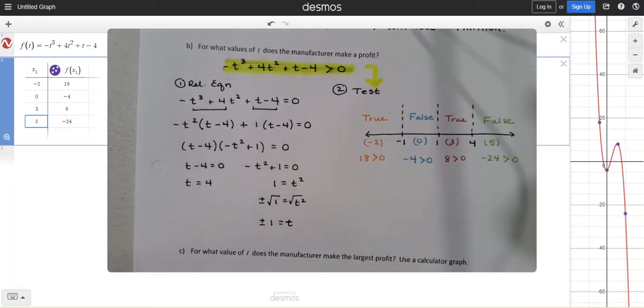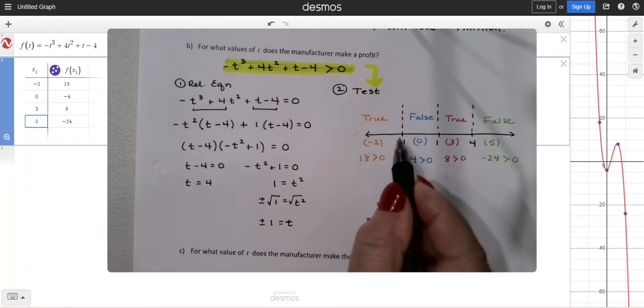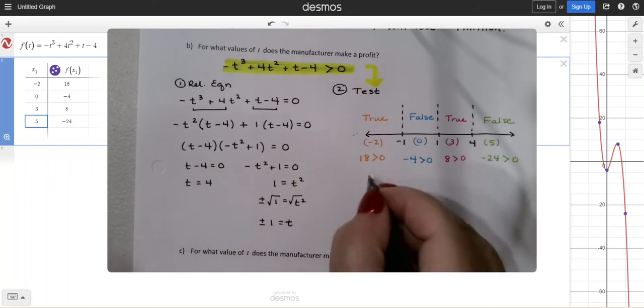But now I need to think a little bit about what t really means. t was the number of t-shirts we're producing. Although my inequality is true here, I can't produce a negative number of t-shirts.